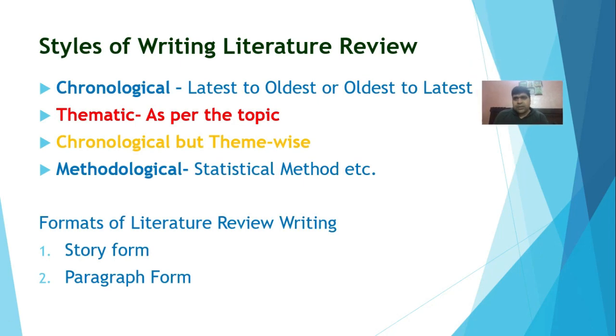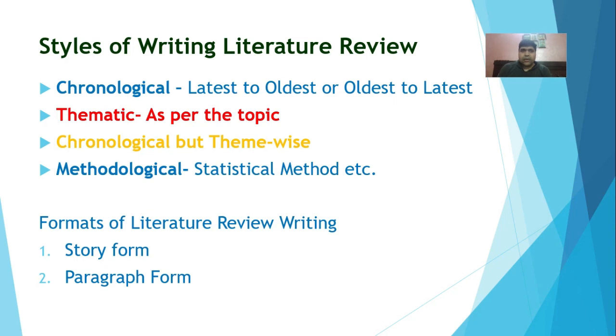Yes, this is the slide that I was talking about. What is the style of writing of literature review? We can have many styles like chronological, thematic, but theme wise, methodological. Generally, we follow almost all the styles, but the most popular, 95% we follow in research papers, is thematic as per the topic, not even chronological.